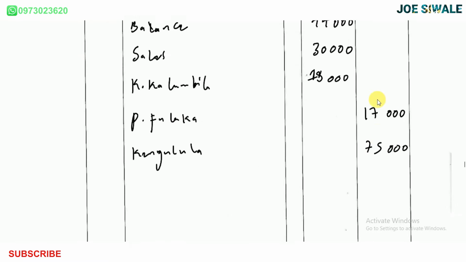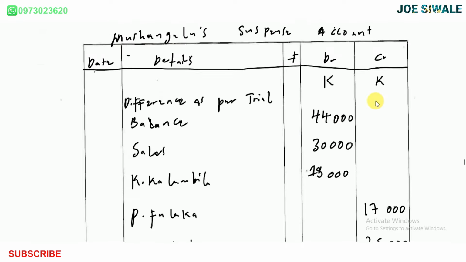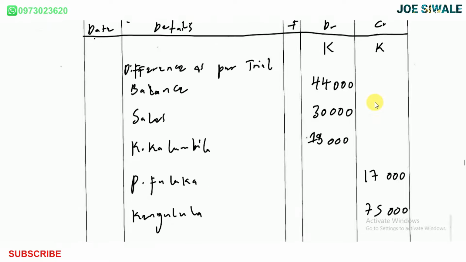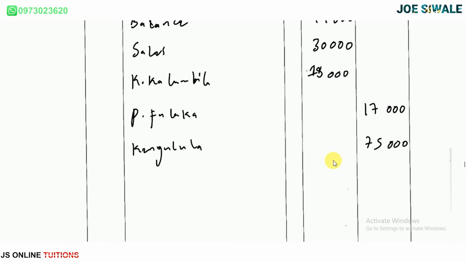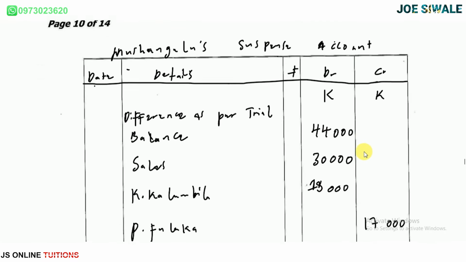Then from this, we can see that we are done drawing up the suspense account. When finding the totals, make sure that the debit total and the credit total are going to be the same. So we are going to add 44,000 plus 30,000 plus 18,000. Our answer there is going to be 92,000. Then let us add up the credit side.